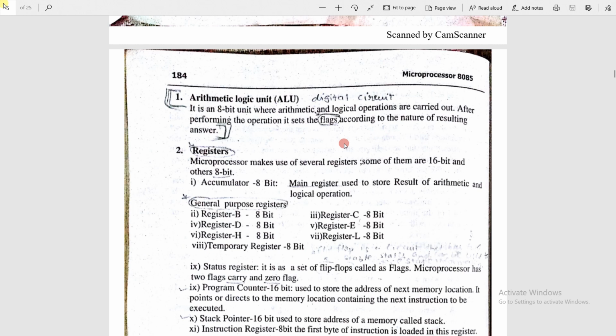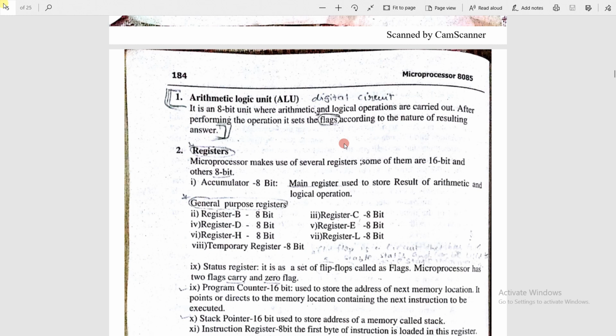This is used to store the result. For example, if I am performing addition operation, for example 1 plus 2, I will get 3. 3 is stored in accumulator. This is the main register used to store the result of arithmetic or logical operation. So the result is stored in accumulator.